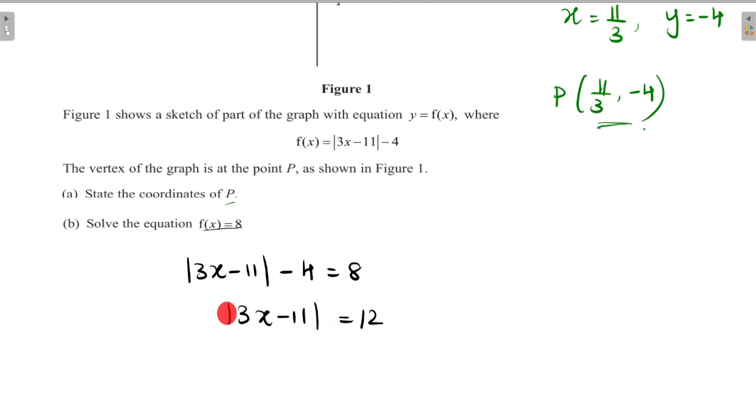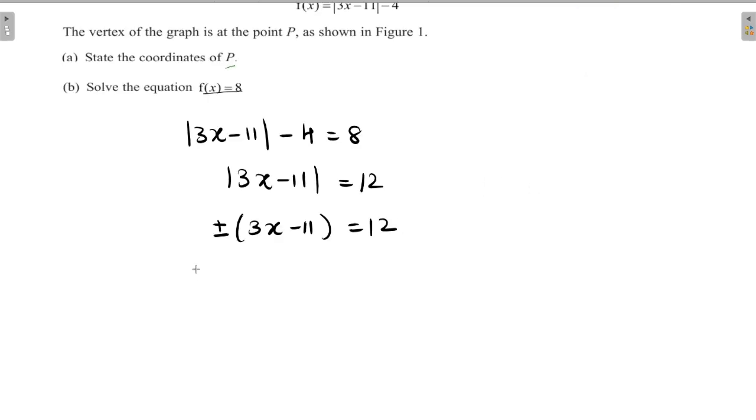To remove the modulus sign we have to put plus or minus. So plus or minus (3x minus 11) is equal to 12. We write this as two equations: one is positive, 3x minus 11 equal to 12, and the other is minus of (3x minus 11) equal to 12.